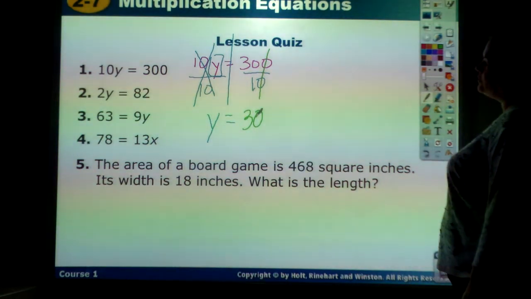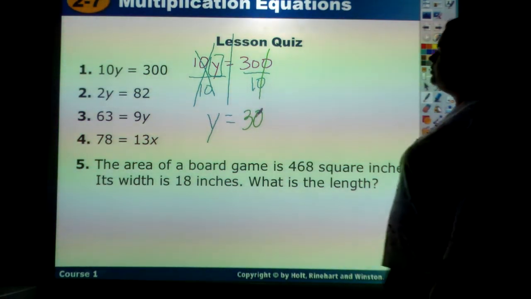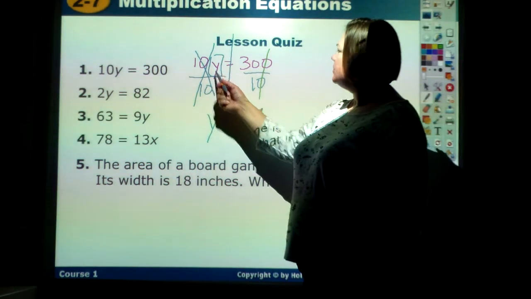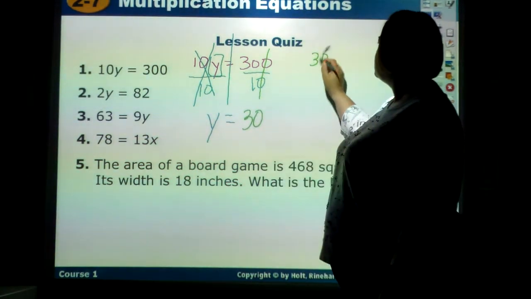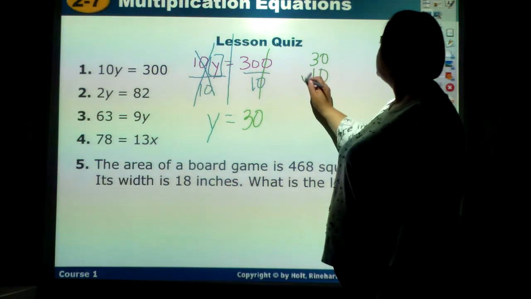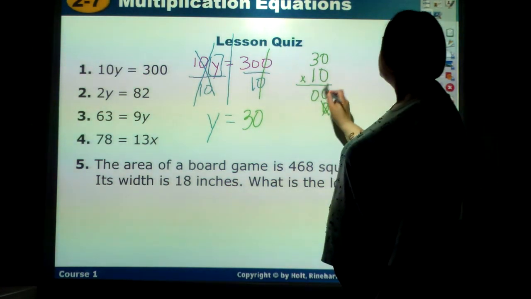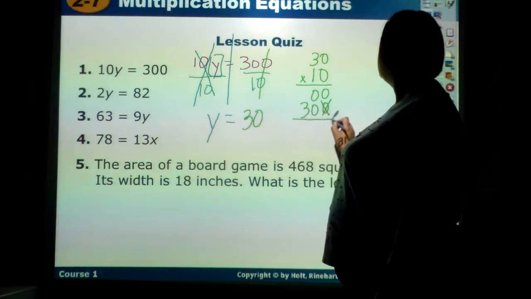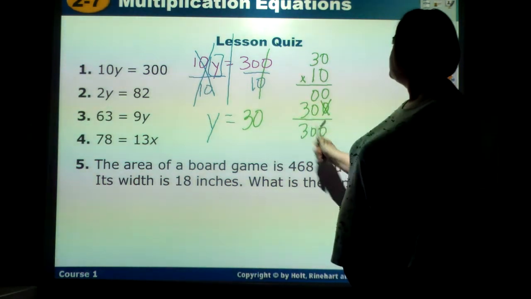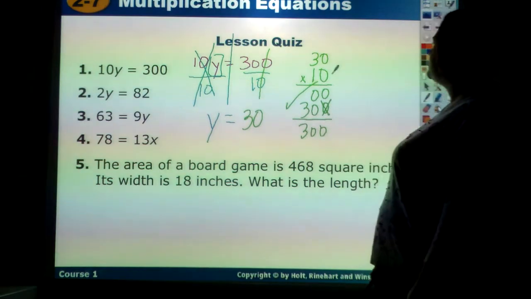To check your answer, you can put in 30 in the place of y. So 30 times 10 is 300, so yes, that checks out.